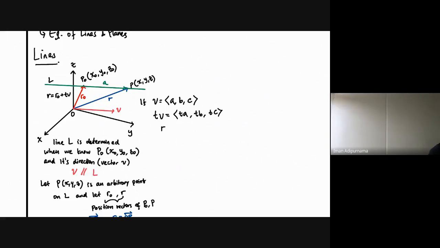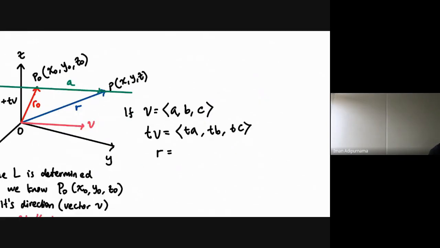And as you see from the picture, R is x, y, z, and R0 is x0, y0, and z0.